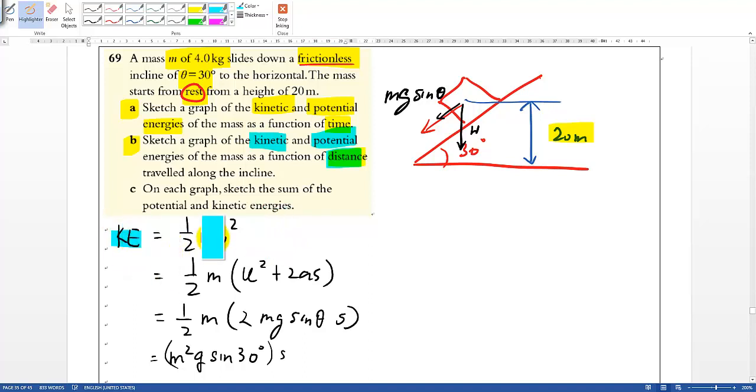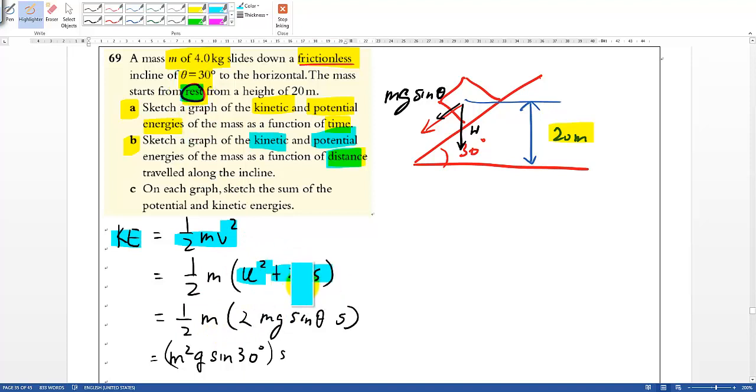So it will be starting with the Ke definition again, half mv squared, and you want to change the v. In terms of m, it is constant, right? You can't do anything with it. V is something you can change the expression into something related to distance, and that could be u squared plus 2as, because that is one of the kinematics equations, and u again was 0.